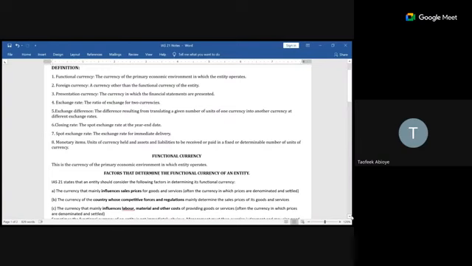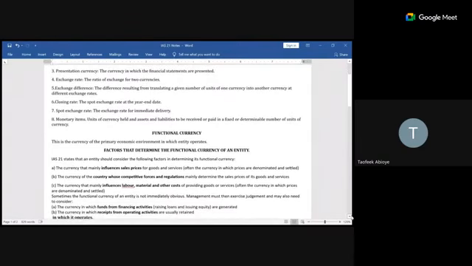To determine the functional currency, IAS 21 gives us guidelines, because there are some companies whose head office will be in the United States, but they have a very big company in Nigeria. So when you look at it, you can ask yourself, please wait, what will be the functional currency of this company? It has a branch here, it has a branch here. So what will be the functional currency?